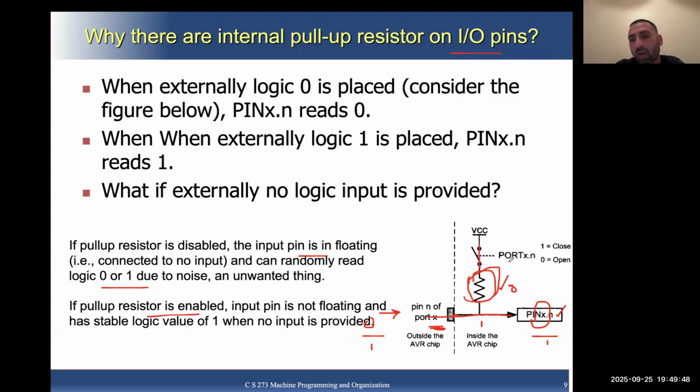And how? By putting the value 1 or 0 in the corresponding PORT register. Let's say for port B, if we put 1 in PORTB.1, then the internal pull-up resistor on pin 1 of port B will be enabled. Okay, any questions?